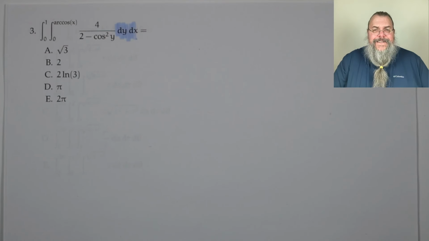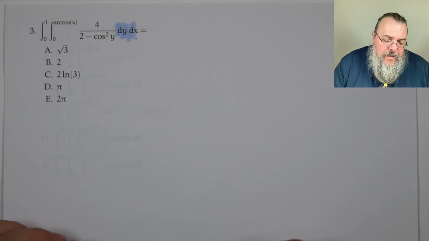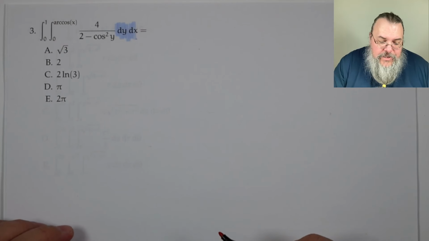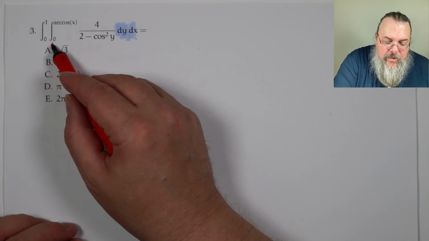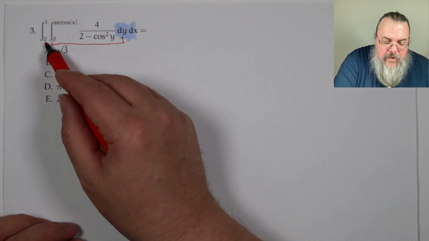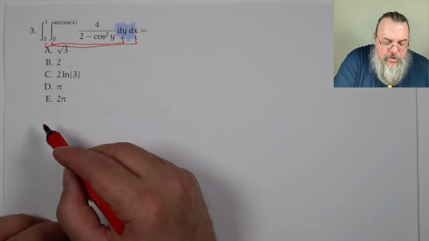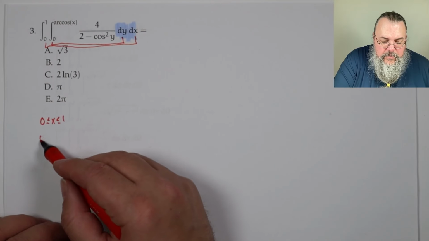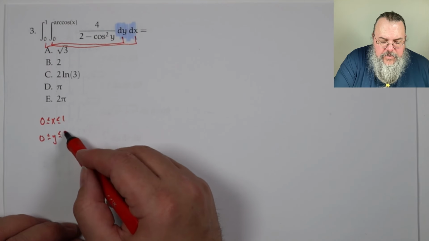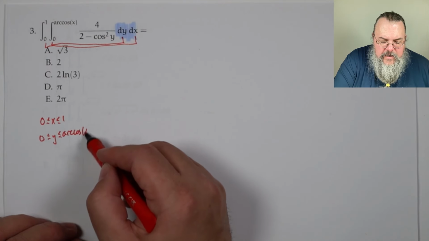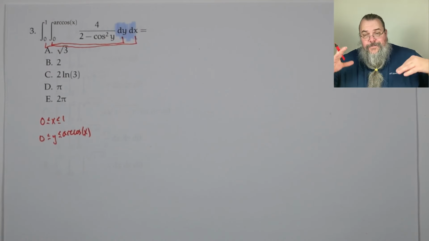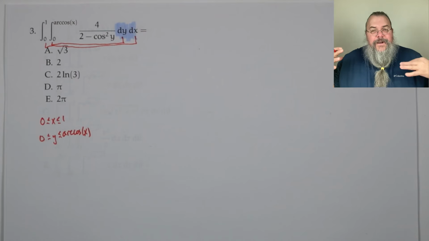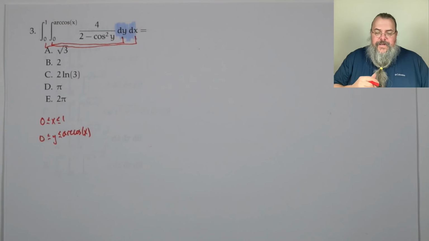Now, how do we actually get there? Well, we need to understand our region. So we can say things like, well, we understand what y does, and we understand what x does. So we know that x goes from 0 to 1, and y goes from 0 up to arc cosine of x. Now, because I wrote this, I didn't provide a picture, but oftentimes we provide you a picture.